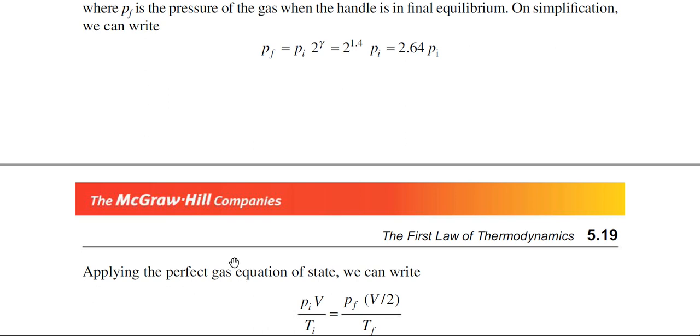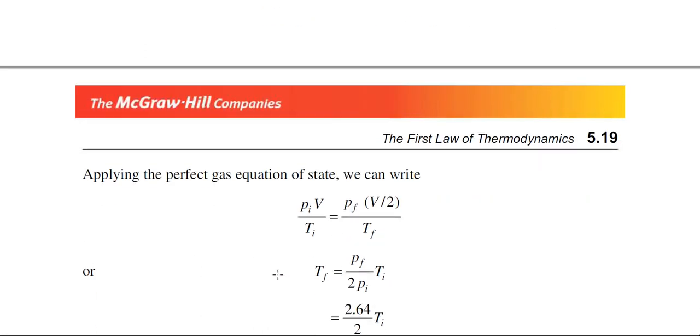From the perfect gas equation of state, the equation is Pi Vi by Ti is equal to Pf Vf by Tf. We are using this, with initial pressure, initial volume, initial temperature on one side, and final pressure, final volume, and the final temperature on the other.